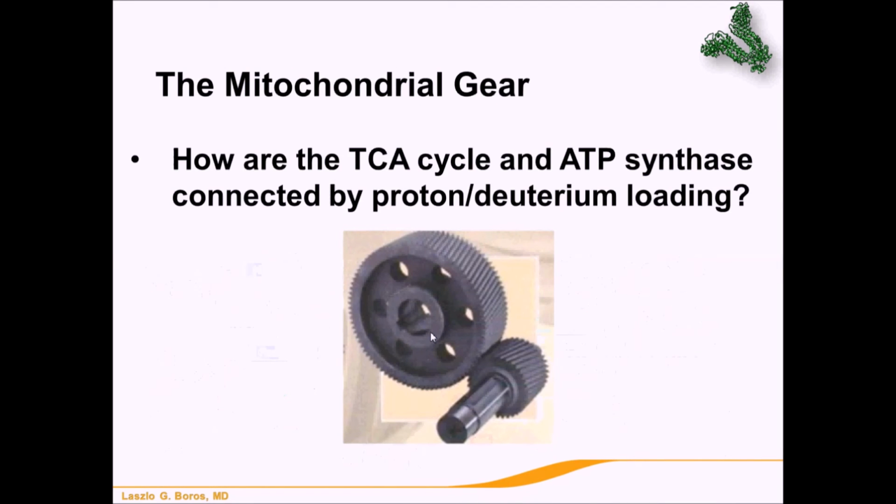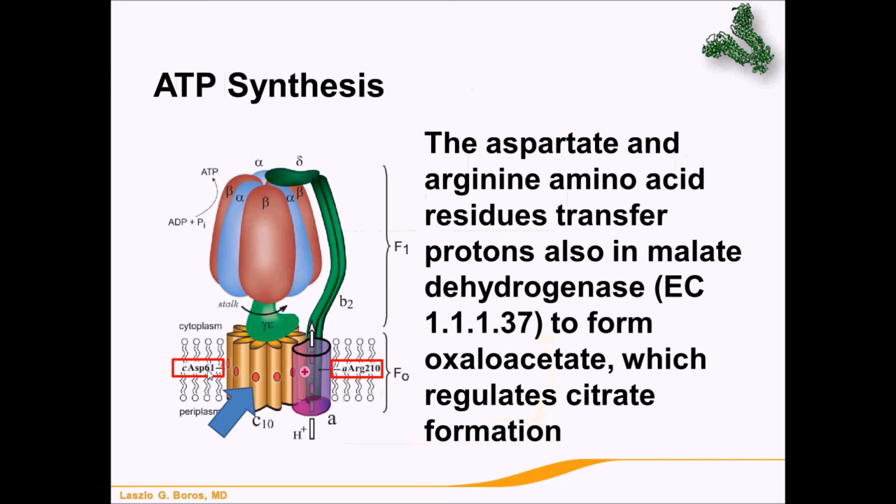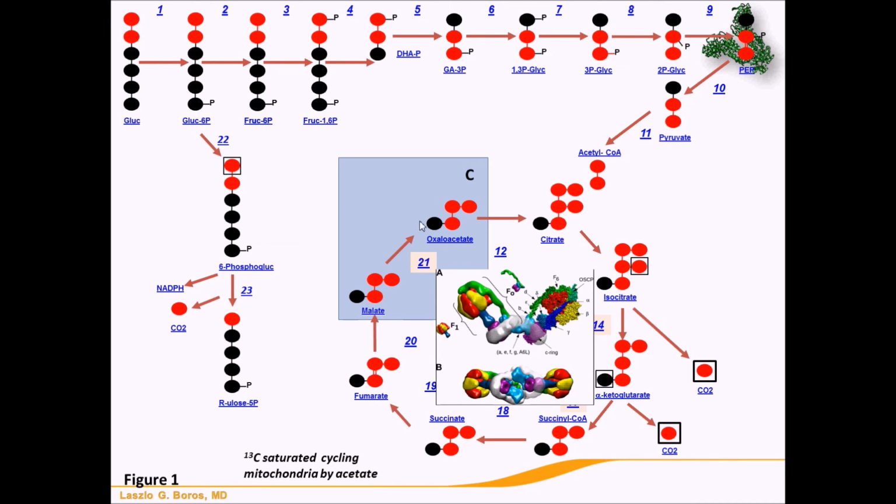Well, interestingly, these two residues, asparagine 61, which has 1/3 of the acid dissociation coefficient with deuterium, and arginine 210, which is the positive stator, helping the protons to push the nanomotor, are also part of malic acid dehydrogenase, or malate dehydrogenase, to actually turn the cycle over and yield new oxaloacetate, which can participate in the citrate synthase process.